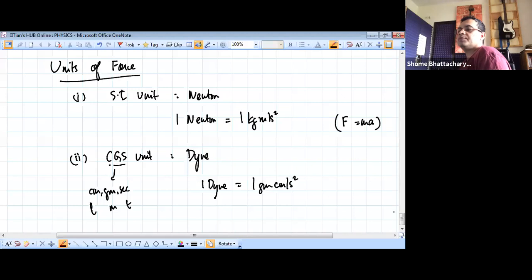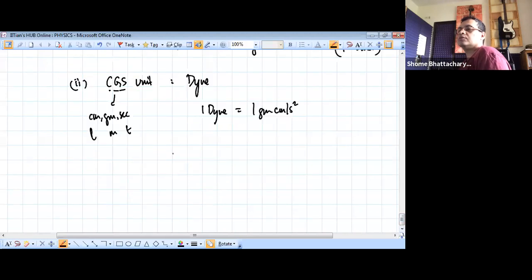So we can also express 1 dyne as these many kilograms into these many centimeters per second square.